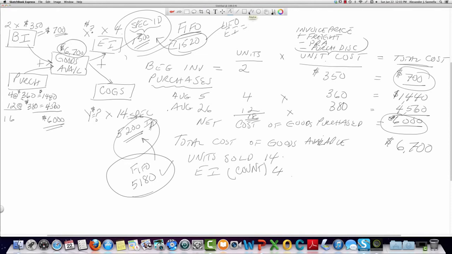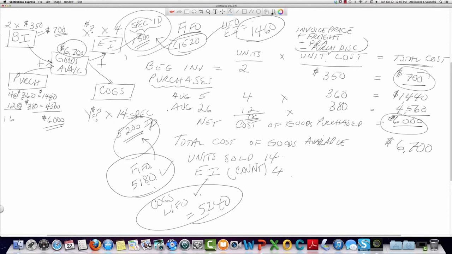FIFO most recent, LIFO the oldest. So the ending inventory here is 1,460, and the COGS under LIFO is going to be 5,240. So notice a higher cost of goods sold, and therefore a lower net income and a greater tax deduction.